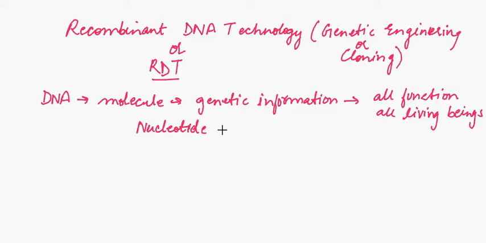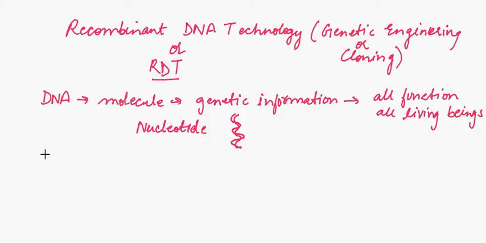So repeated units of nucleotides make a DNA molecule, and it is present in a double helical shape, a double stranded DNA in which nucleotides are joined together to make a long polymer chain. So this is how it looks.